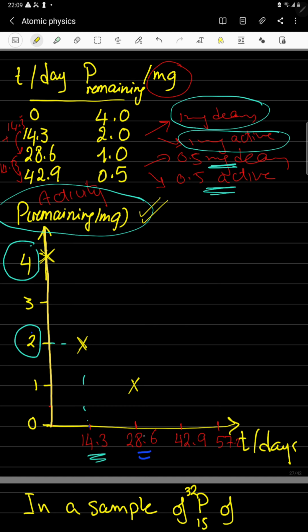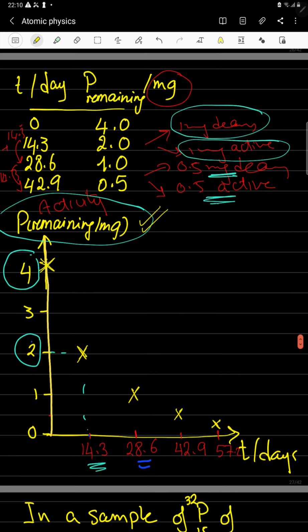After another 14.3 days, that is 42.9 days from the beginning of the experiment, the activity will become 0.5. This is the remaining phosphorus. After another 14.3 days, that is after 57.2 days, the activity will become 0.25.